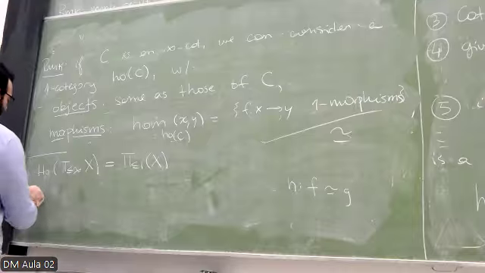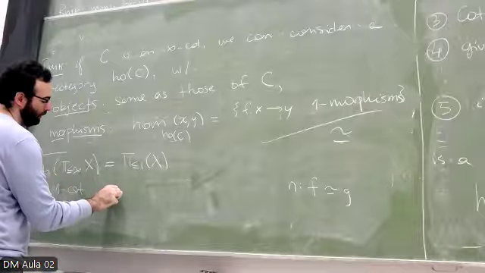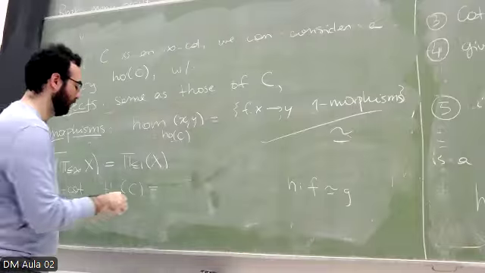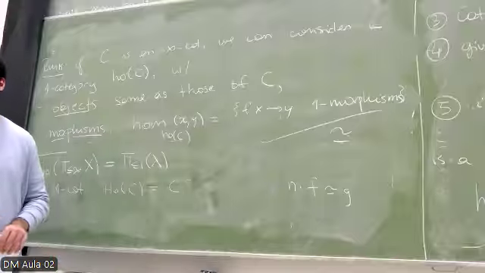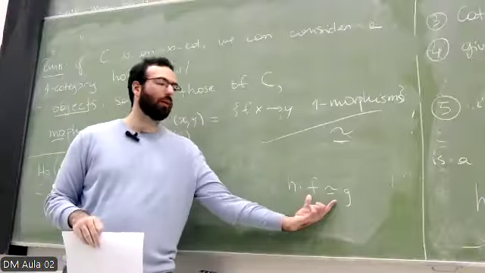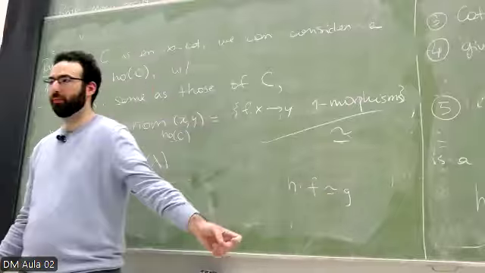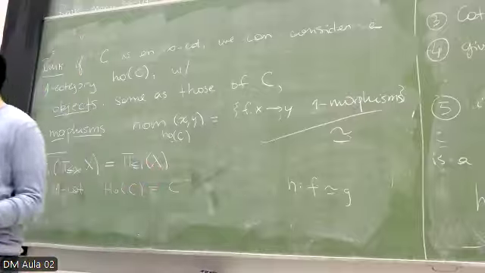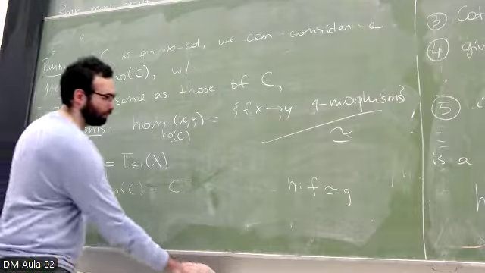Okay. Now, if C is a one category, then the homotopy category of C is C, because homotopies, higher morphisms, are identities. So you can only identify things that were equal to begin with, meaning you just get the one morphisms in C. Okay.